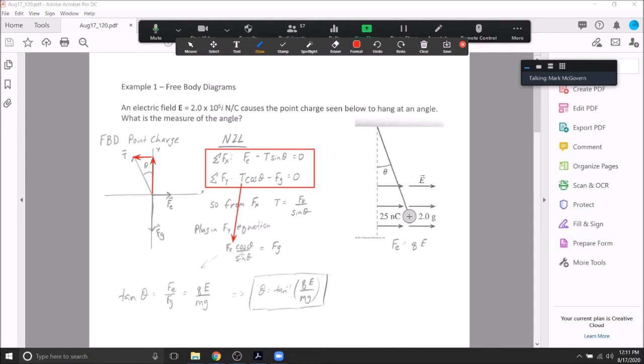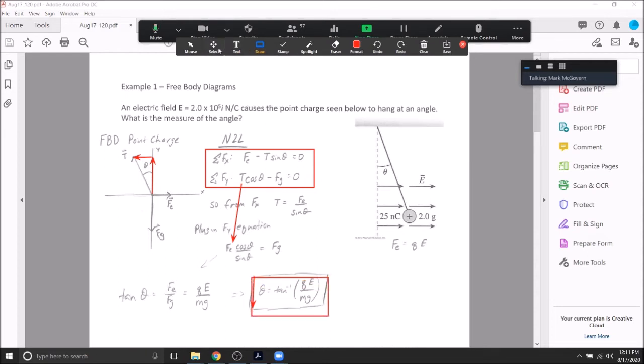Cosine over sine, it's a cotangent, right? Flip things over though. Make it equal to a tangent. So tangent theta equals Fe over Fg. I put in what the form of these forces are. It's QE over mg, and I'll take the inverse tan, and then we got this beautiful expression for what the angle is.